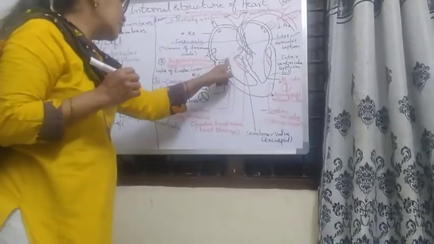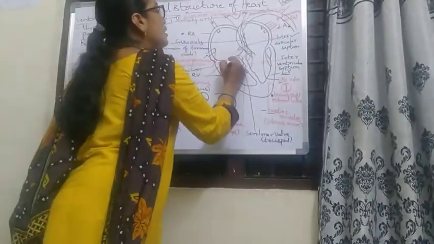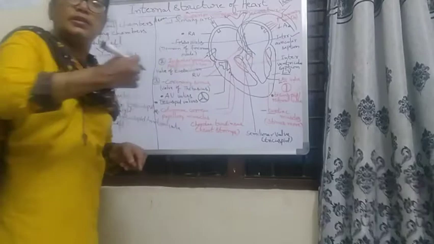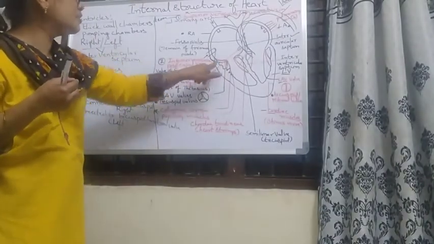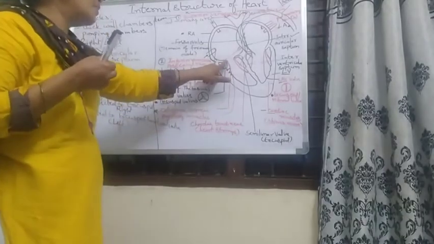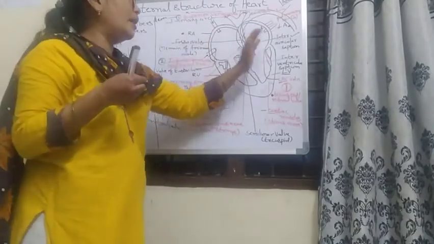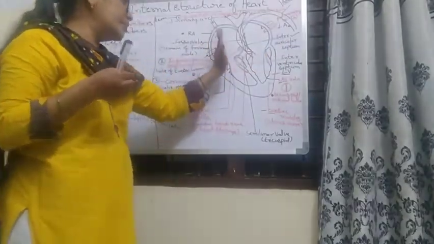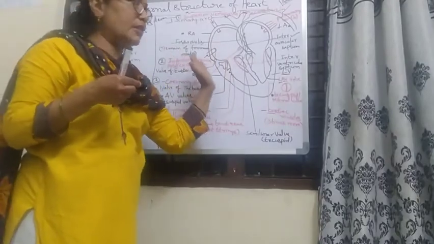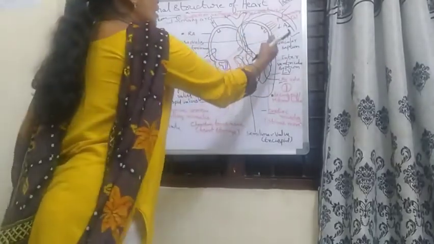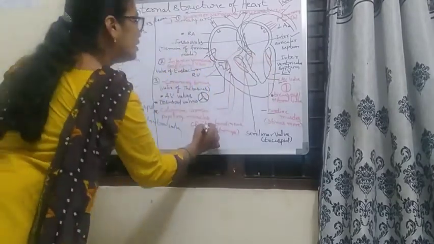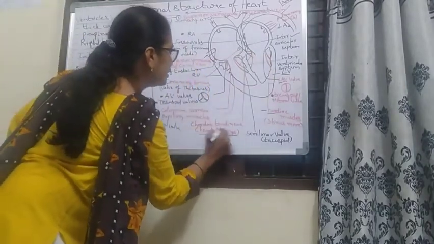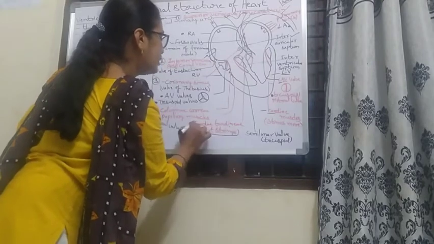The papillary muscles contain string-like structures. They are connected to the tricuspid valve on the right side and the bicuspid valve on the left side. These are called strings, the heart strings, called chordae tendineae.